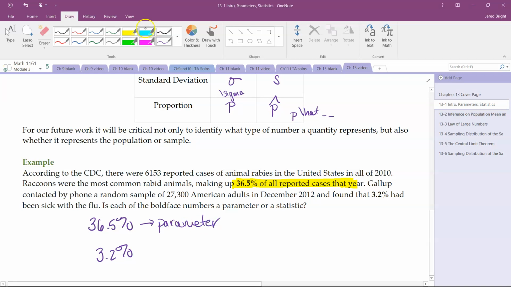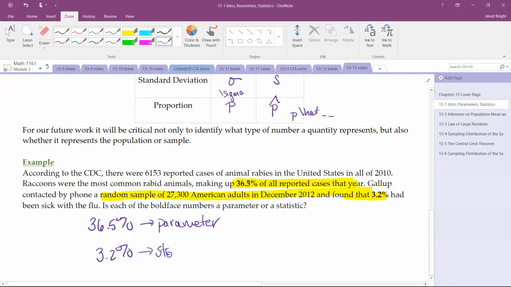Similarly, if we look at the language around the 3.2, a random sample of all this found that 3.2%. That 3.2% is describing the random sample, and consequently, since it's describing a sample, it is a statistic.